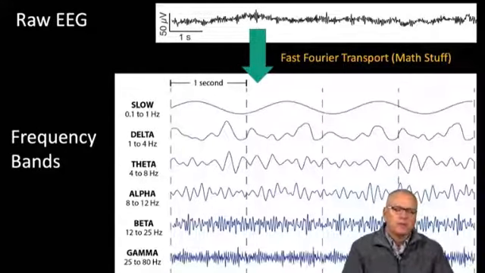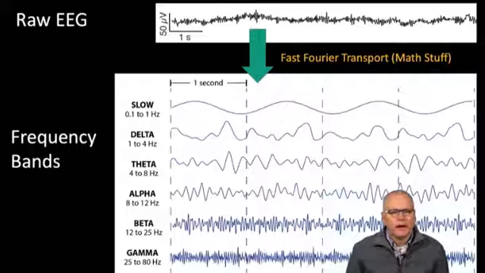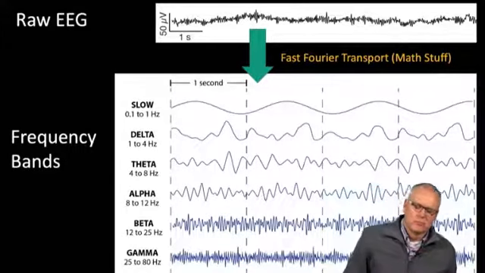I mentioned that we could describe the raw EEG if we broke it out into different sets of waves, so that if you added up all those waves, you'd get the raw EEG. This is a figure that illustrates how that's done.